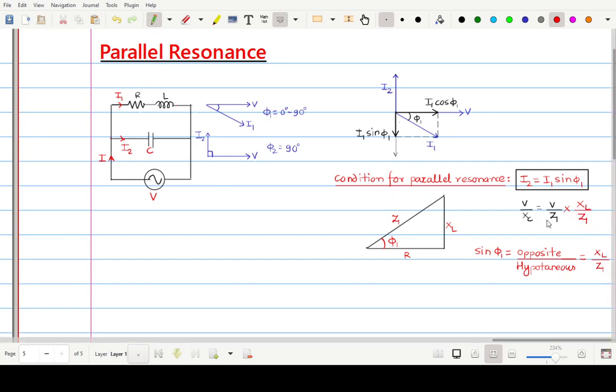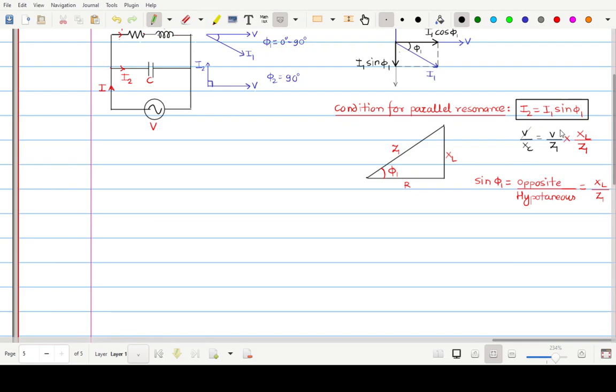Now further simplify this. Voltage and voltage will get cancelled on both sides, and Z1 multiplied by Z1, so Z1 square is equal to XL multiplied by XC.